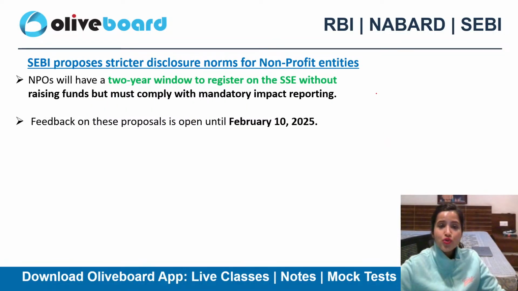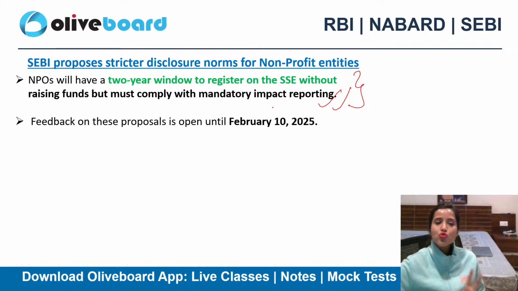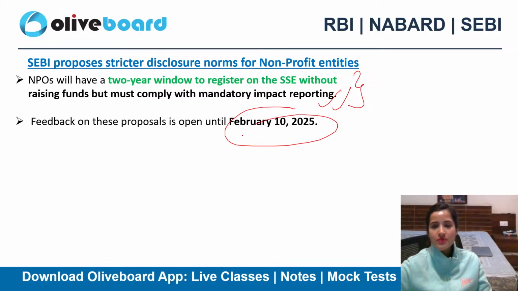NPOs will have a 2-year window to register on the social stock exchange without raising funds, but must comply with mandatory impact reporting. So they have to report about their social impact assessment, but they will get a 2-year window to register on the SSE without raising funds initially. Okay? Feedback on these proposals is open until February 10.